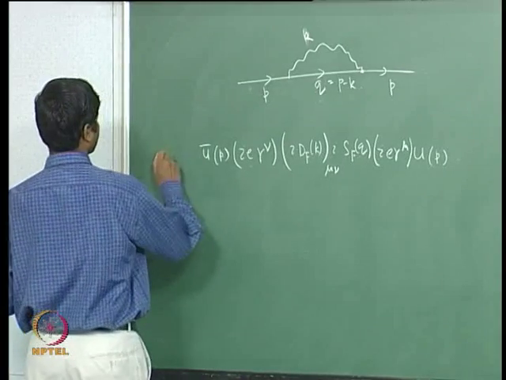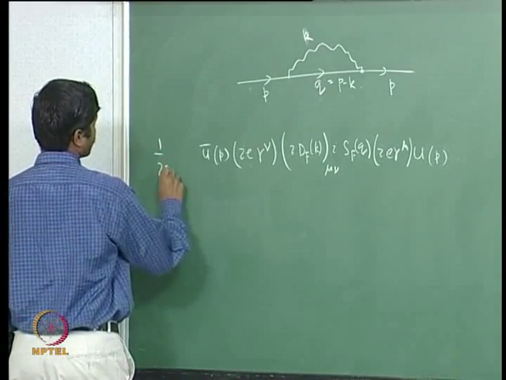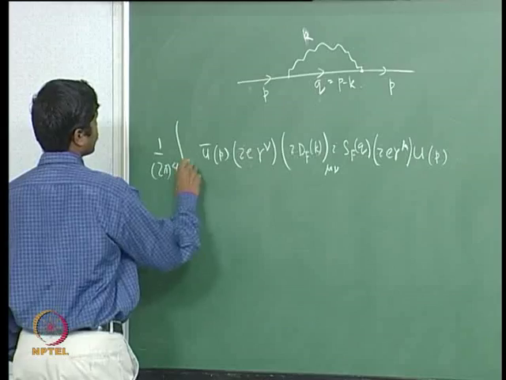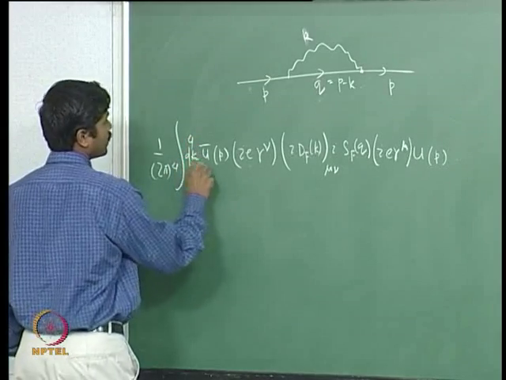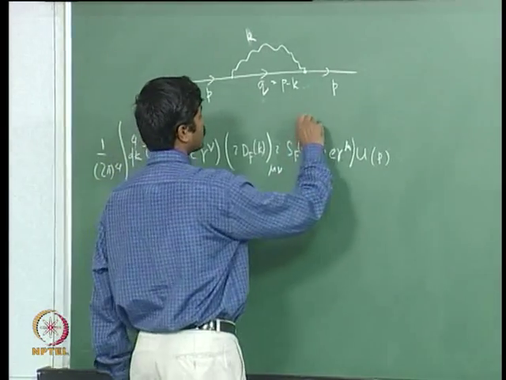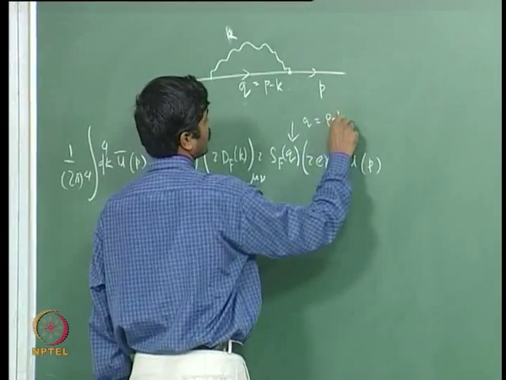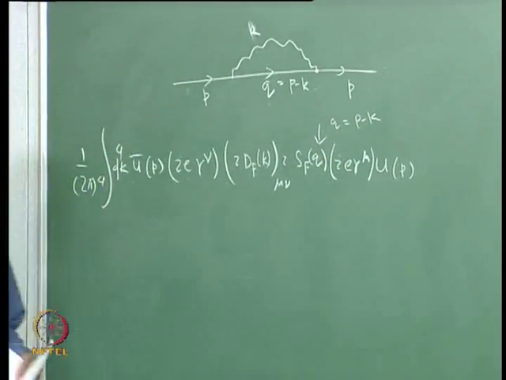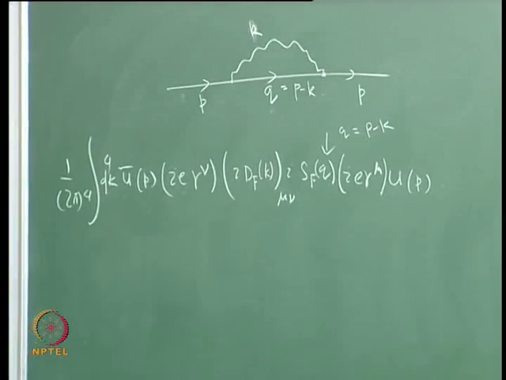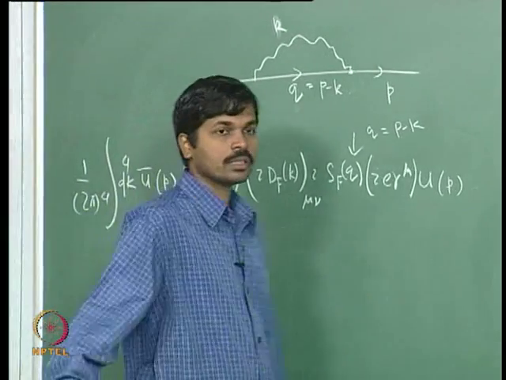You just consider 1 over (2 pi)^4 integration d^4 k, and you should keep in mind that this q here is p minus k. So, this gives the amplitude for this process here.